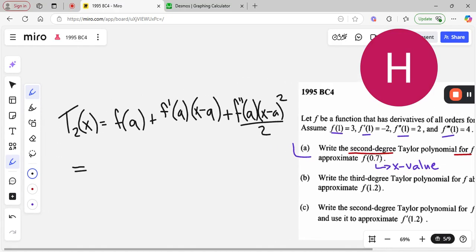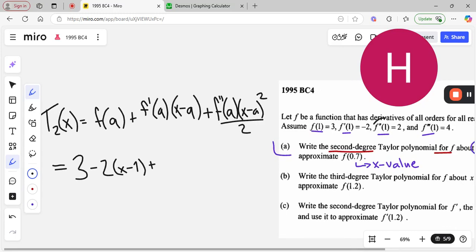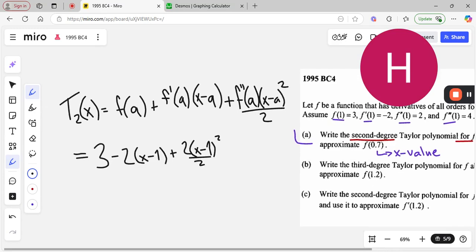So that means we're going to write it as, let's see, this is just going to be 3, plus, yeah, I should probably put minus, because we have the derivative here as -2, so minus 2 times (x minus 1), plus the second derivative, which we have right here, that's positive 2, times (x minus 1) squared, and then that's over 2, so this is going to cancel nicely.